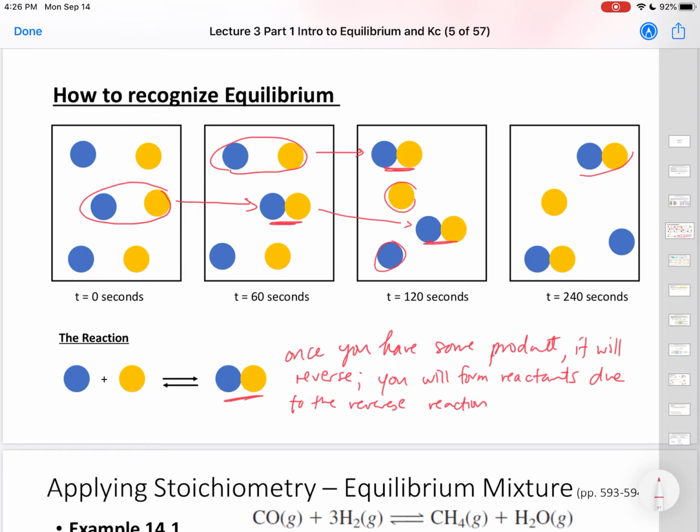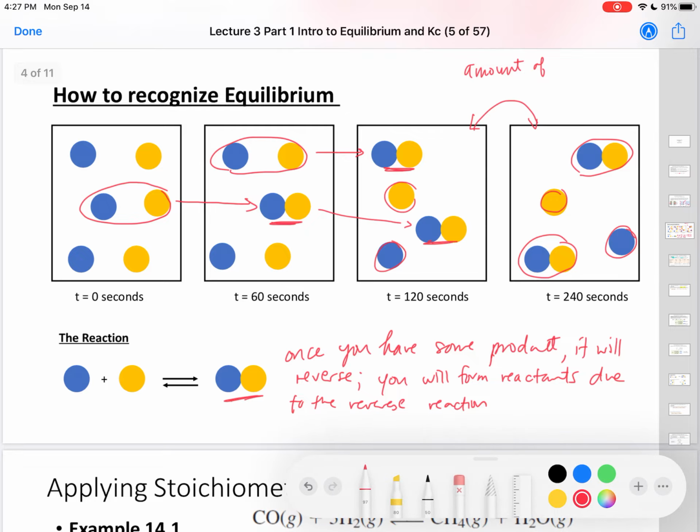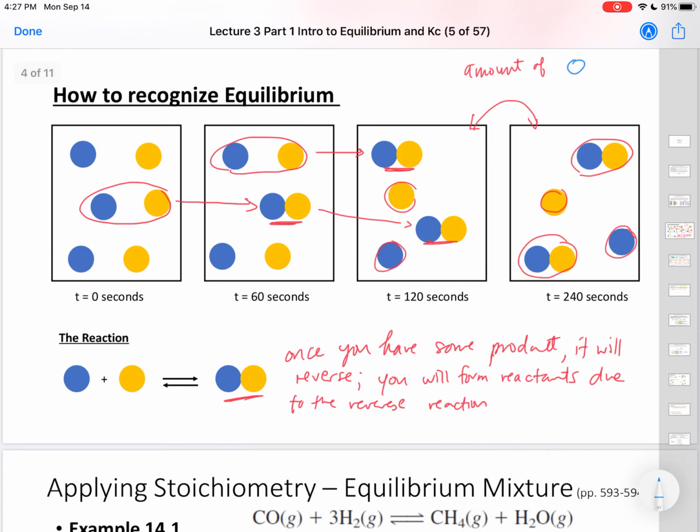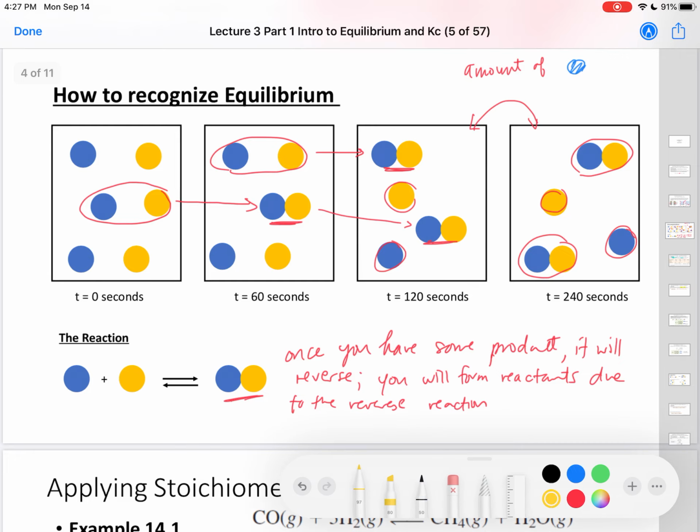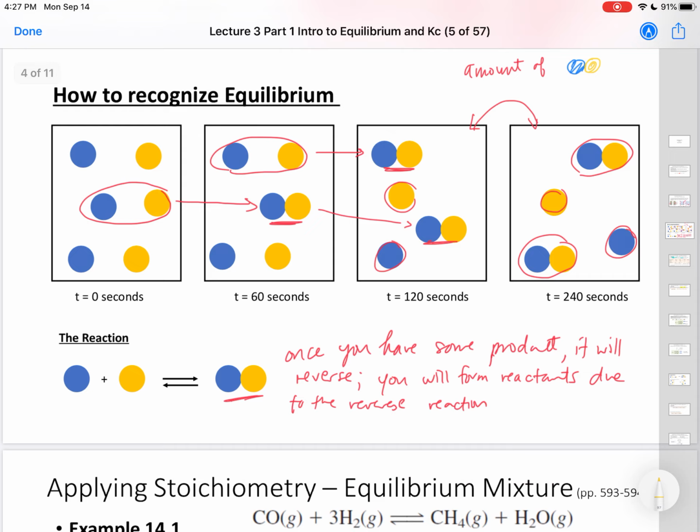At 240 seconds, notice it's still two products and two of the starting material, okay? Notice in these two windows, the amount of, let me just color coordinate it for you, your blue and your yellow is 2, okay?